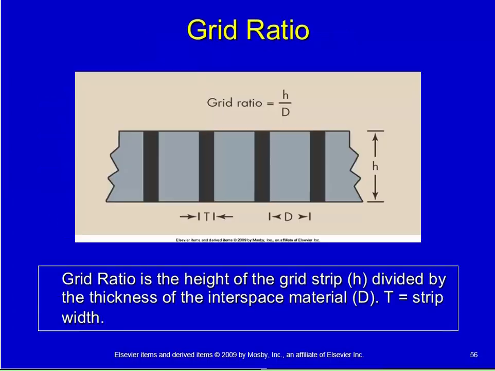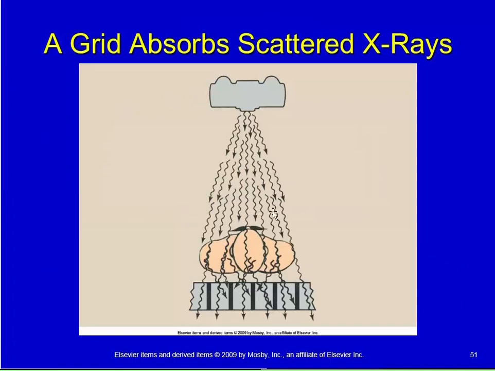Okay, so back to our graphic. We shoot through this grid, and we're going to have absorption, and these grid strips are going to be very obvious. Your grid strips are not going to be anywhere near this thick, but if they were, they'd be very, very obvious on the image. They would cast an artifact on the image.